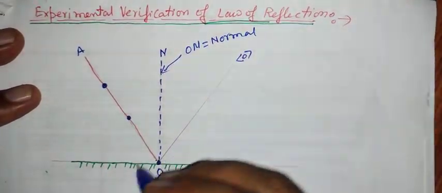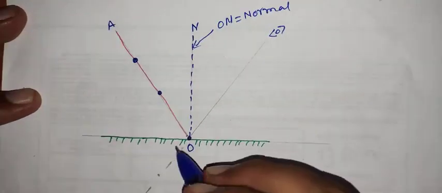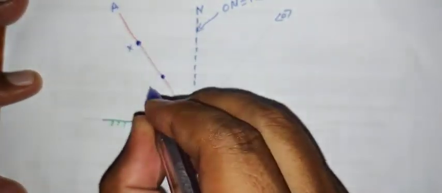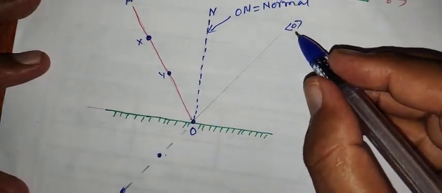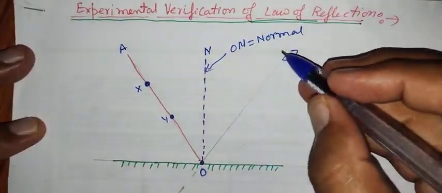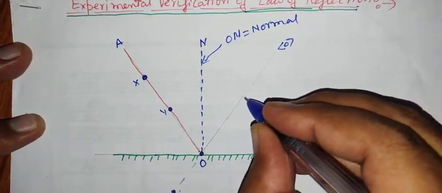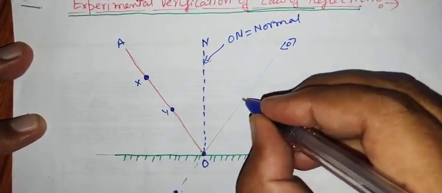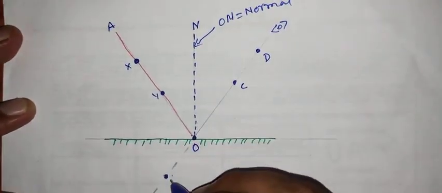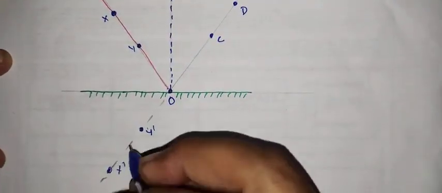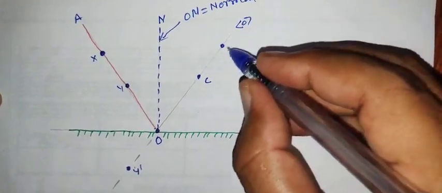Let the two pins be X and Y; their images will appear at these two places. Viewing from this direction, fix two other pins C and D in such a way that the image of pin Y, Y dash, and of X, X dash, and the two pins C and D seem to be in a straight line.